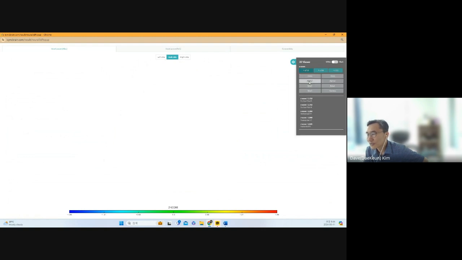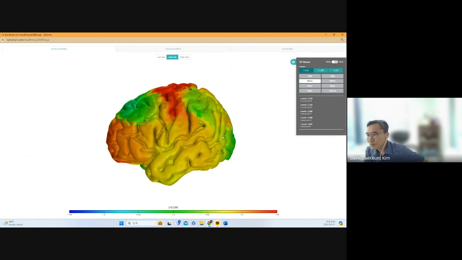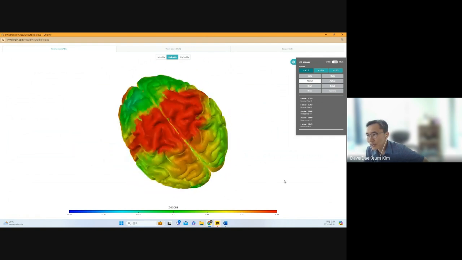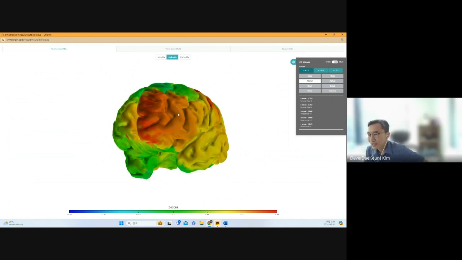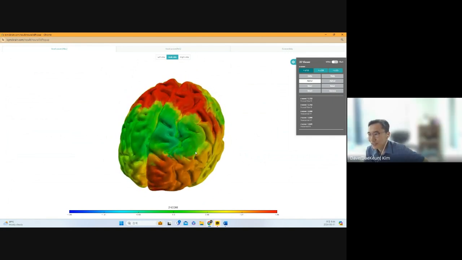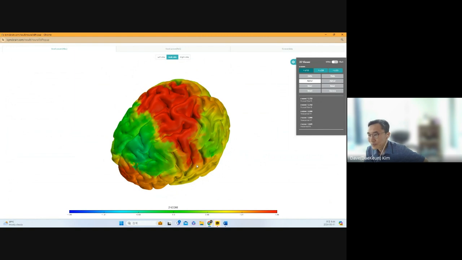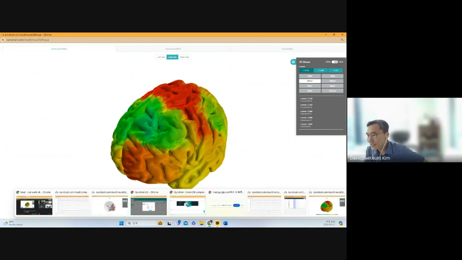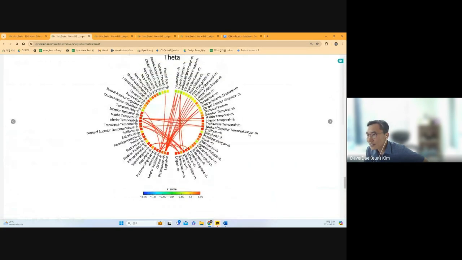And alpha activity, slow alpha. We can see the slow alpha activity in the left frontal. Left frontal and left temporal is more of a problem.